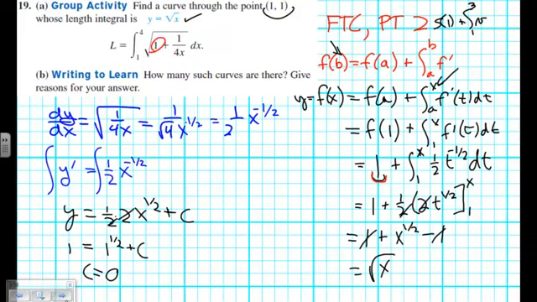Yeah. Remember this form from a to b of the square root of 1 plus dy dx squared, okay? Because I'm trying to find out what the function is y, the only thing I'm concerned about is this thing. So I said 1 is equal to 1. This has got to equal dy dx squared. And that's why dy dx had to be the square root of that thing.